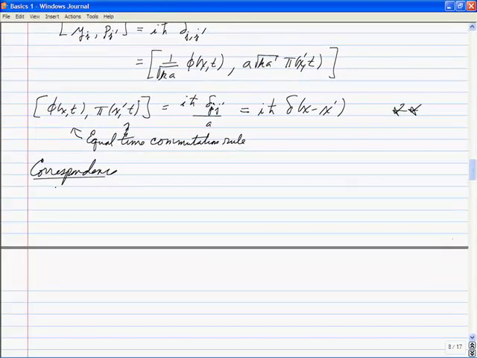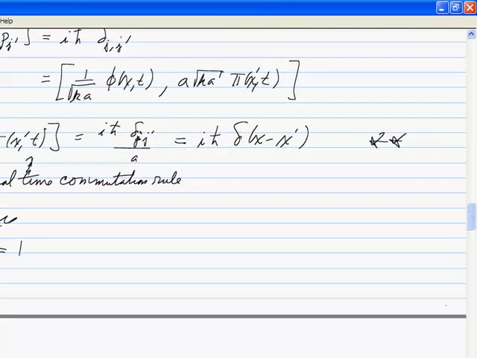Okay, we know that the sum over j prime of delta j j prime is equal to 1, right? It's 1 whenever j is equal to j prime, and it's 0 everywhere else. So it sort of looks like a delta function.